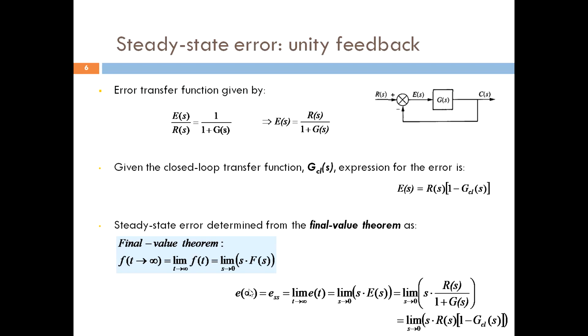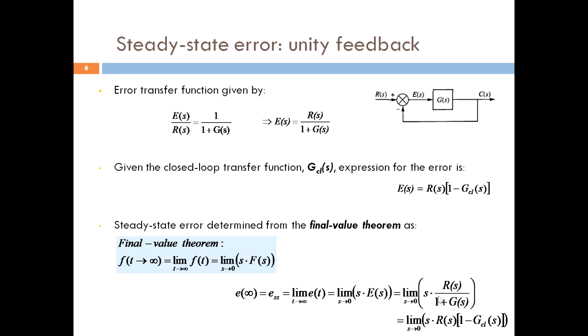So the steady state error would be the limit of the error as a function of time as time approaches infinity, or we can take the limit of the error in the Laplace domain times s, letting s go to 0. Okay, so essentially what we do is, in this expression, we take the expression for the error and we substitute it here for E of s, and we get that.